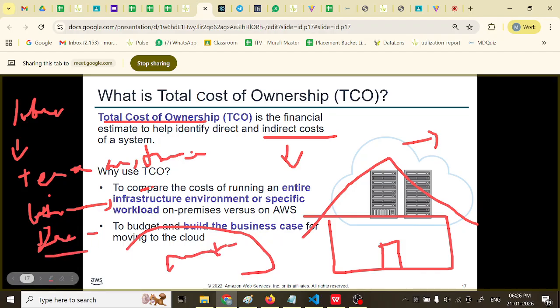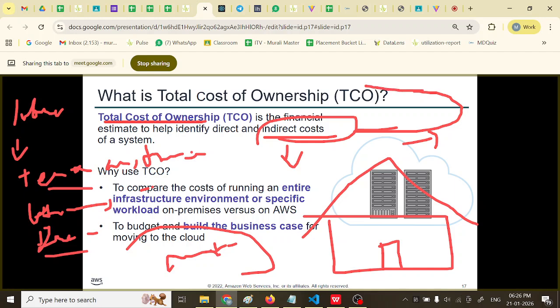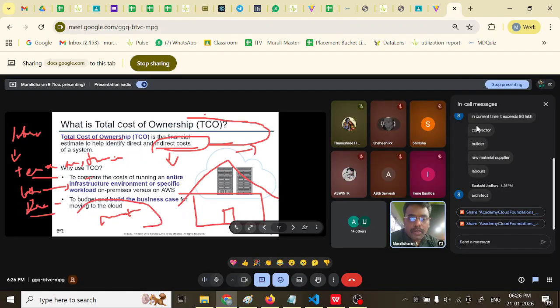All these extra things which are not a direct cost are called indirect cost. Now, all these direct and indirect costs will fall on whose head? All the cost will go on the head of the owner, correct? So that is called total cost of ownership.